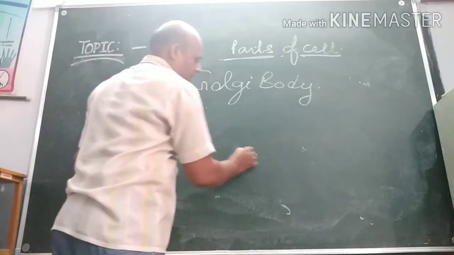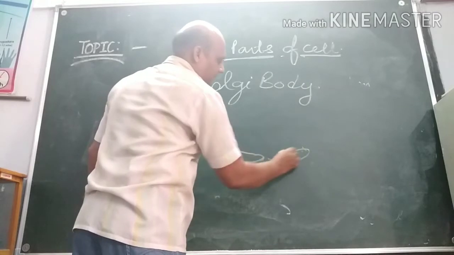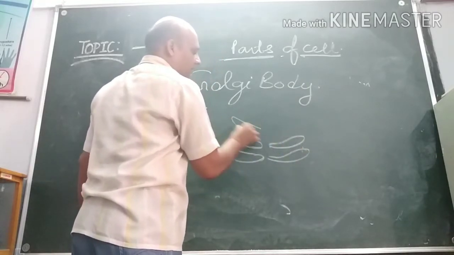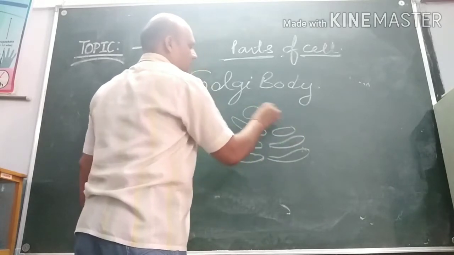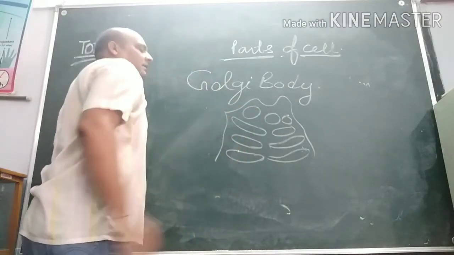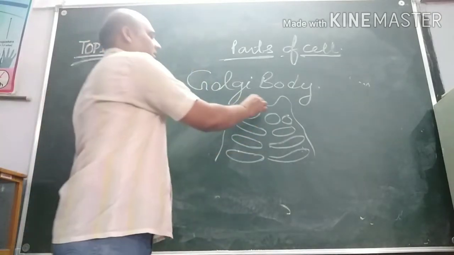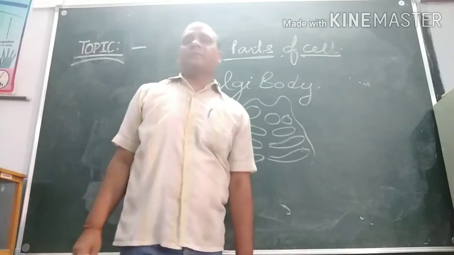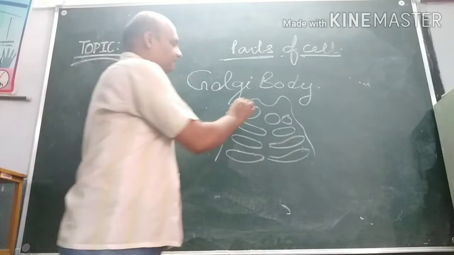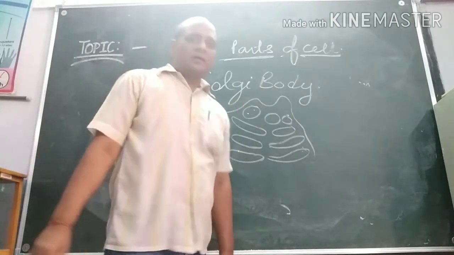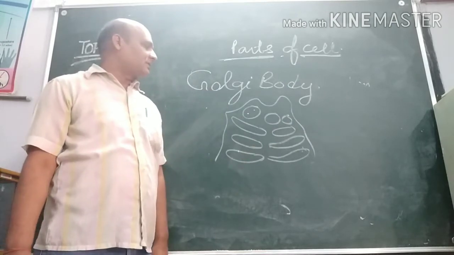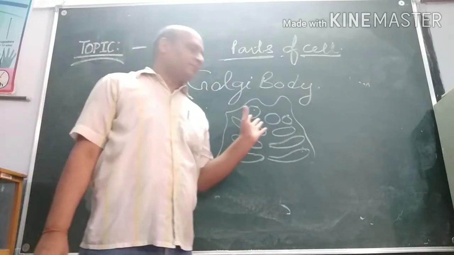It takes part in the synthesis of hormones and enzymes. It also forms the foremost part of the sperm, which helps in fertilization. It provides a specific direction to the molecules, so it is known as the traffic police of the cell.